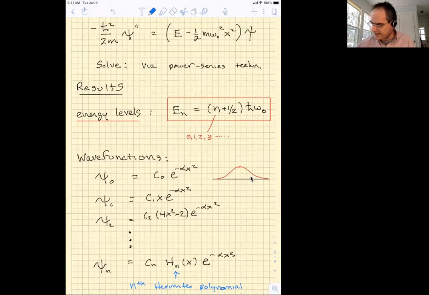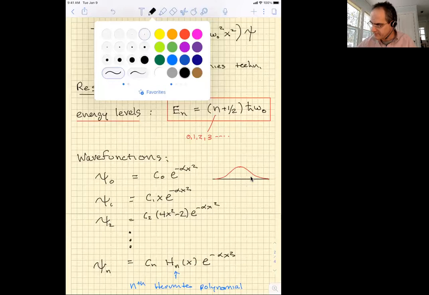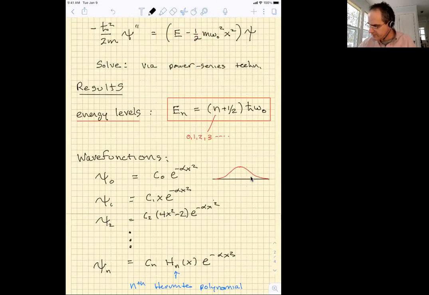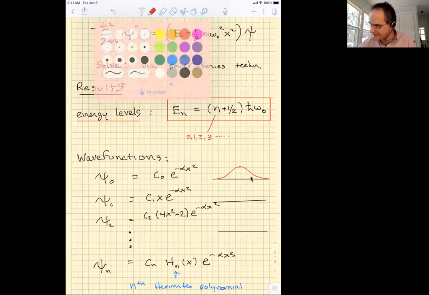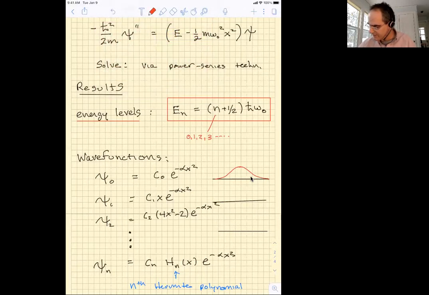And what do these look like? Here, let me sketch out the next few. Basically, they look like a Gaussian function times a polynomial function. So the first one we've just shown was a Gaussian times a constant.